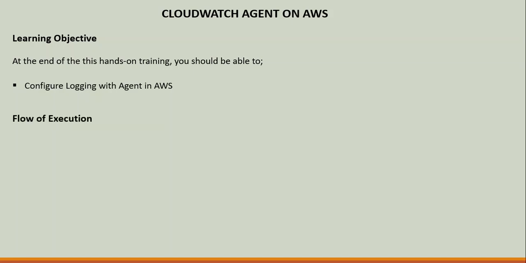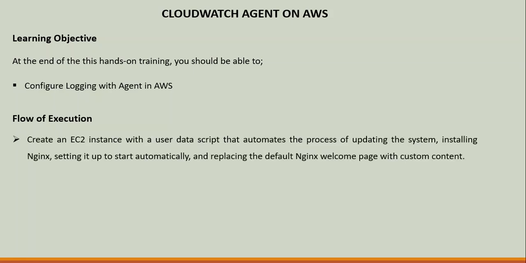Okay, so the flow of execution of this hands-on tutorial will be: the first one is to create an EC2 instance with a user data script that will automate the process of updating our system, installing Nginx, setting it up to start automatically, and replacing the default Nginx welcome page with our custom content.